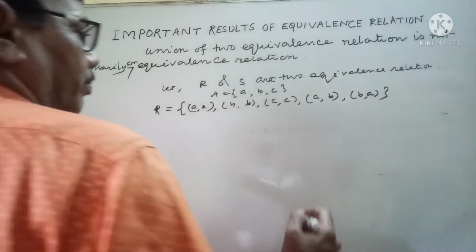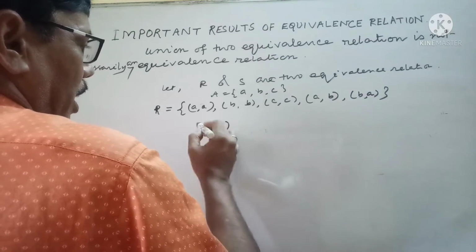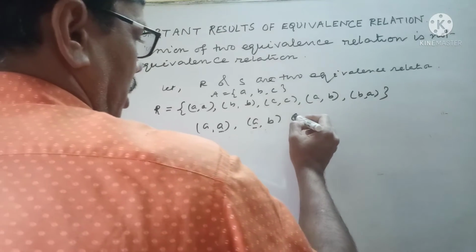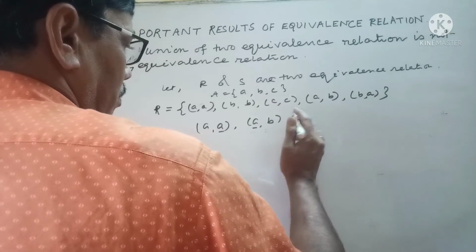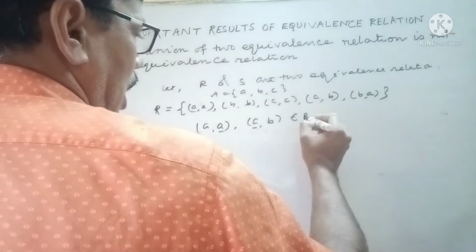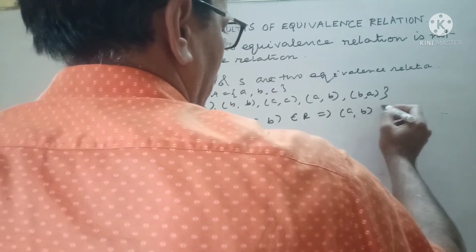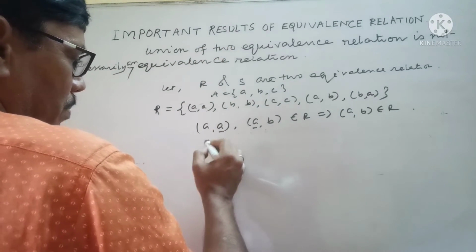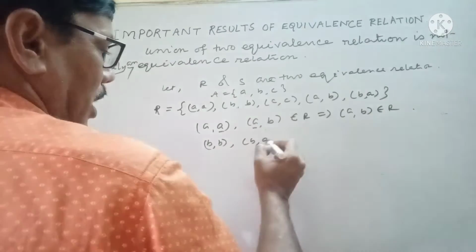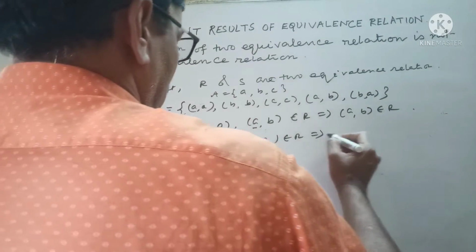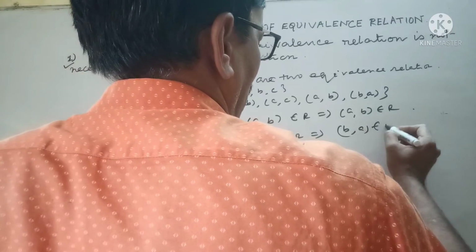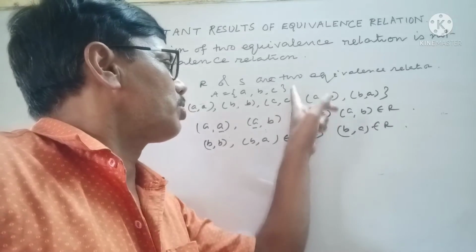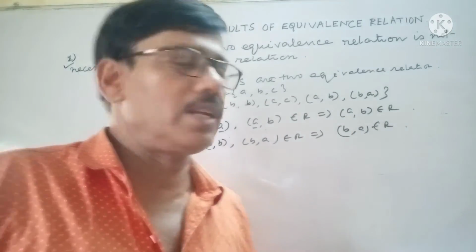Now transitive. Look, (a,a) and (a,b): starting with a, (a,a) belongs to R implies (a,b) belongs to R. Now if you start with (b,b), (b,a) belongs to R implies (b,a) belongs to R. There is no scope of verification for (c,c) because we are starting with c.